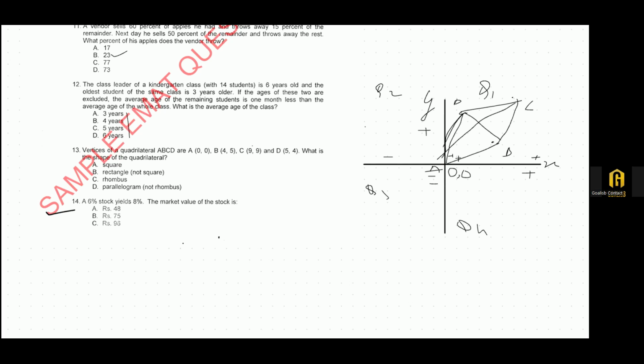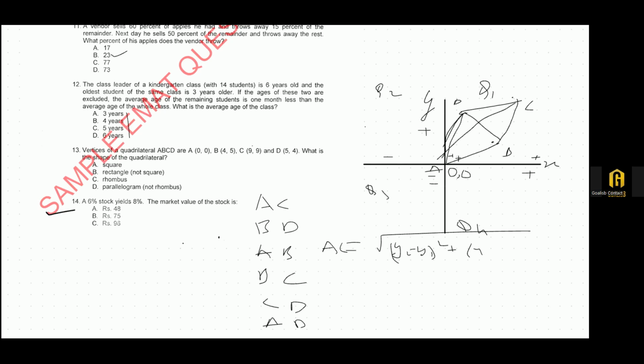So you need to calculate distance AC, distance BD, distance AB, BC, CD, and AD. We need to use the distance formula. Suppose we need to calculate AD or AC. The distance formula is given by the square root of y2 minus y1 whole square plus x2 minus x1 whole square.